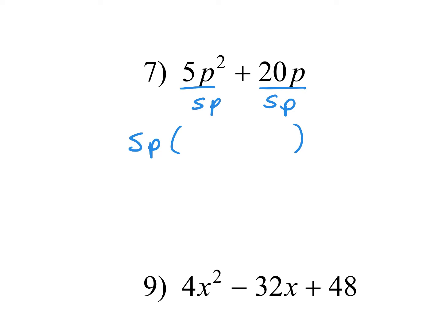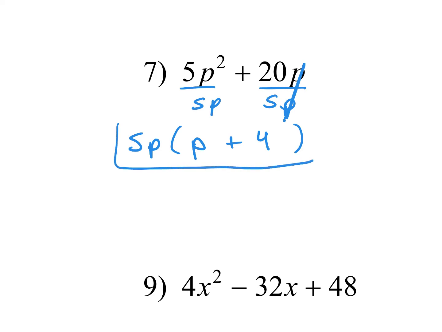What's 5 divided by 5? Anybody? 1. And then if I have 2 p's and I take 1 away, how many am I left with? Just 1p. What's 20 divided by 5? 4. And if I have 1p and I take 1 away, how many am I left with? 0. They cancel.